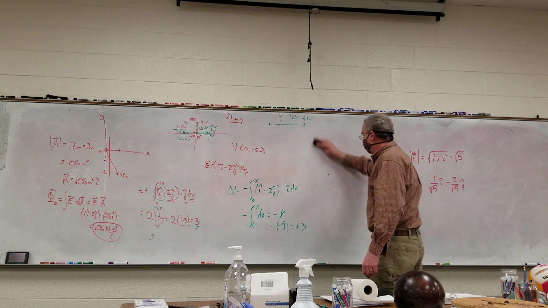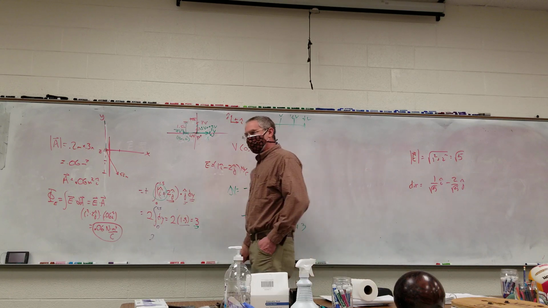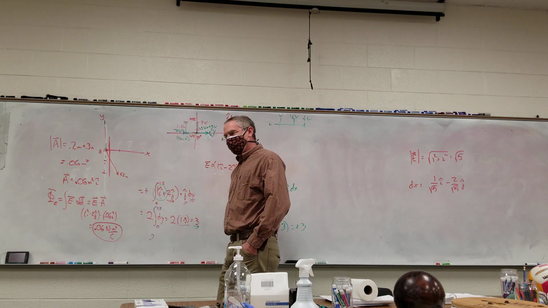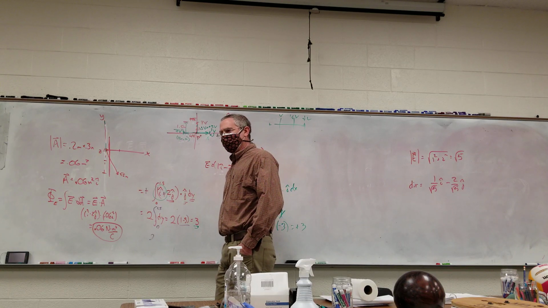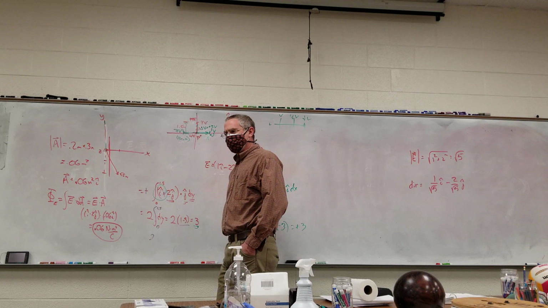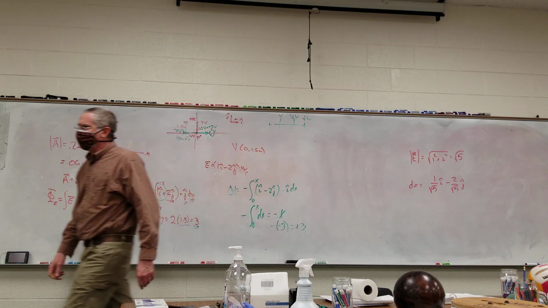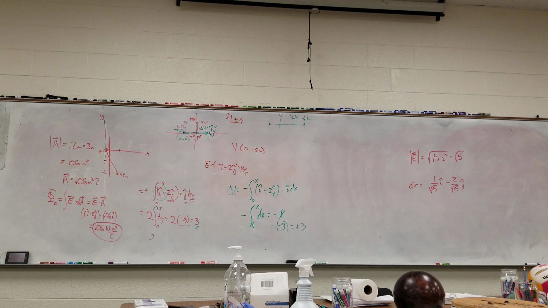Also, for the graph, where would our zero be? The potential zero? I thought I set that to be an infinite distance away. Yeah, let the potential be zero an infinite distance away.